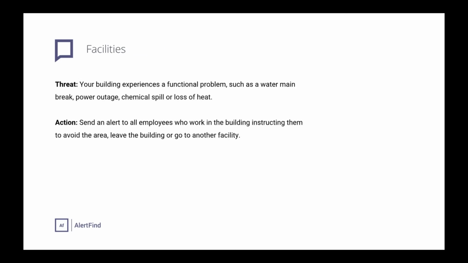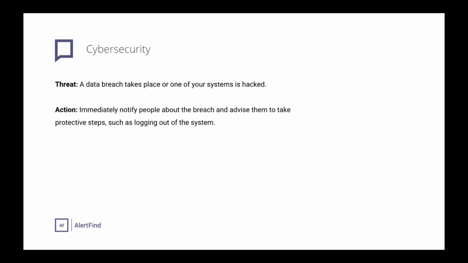If you have a facilities issue, so your building has a functional problem like a water main break or something with the power or a chemical spill or a loss of heat within the building, you can immediately alert everyone who's affected within that building. Or cybersecurity, there's a data breach that needs people's immediate attention, so you can reach them on systems that are off network. So if you're reaching people on personal cell phones, you're not having to go through email, which may be involved in the cyber attack.